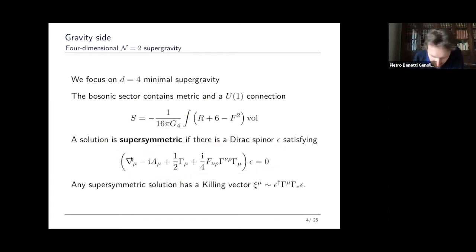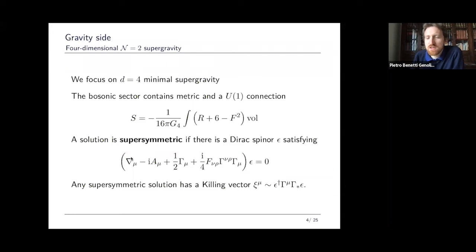So there is a differential operator that includes the U(1) connection and the F, the curvature. Gamma are the generators of the Clifford algebra. And if you have a spinor that satisfies this equation, then your solution is supersymmetric.